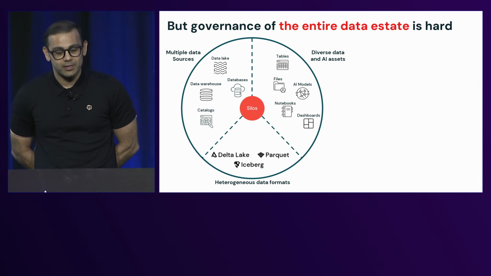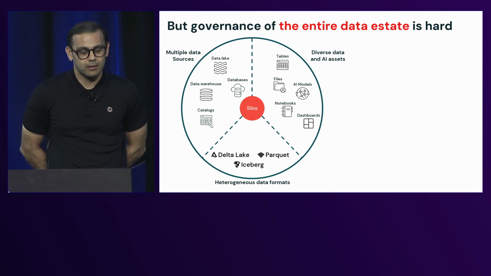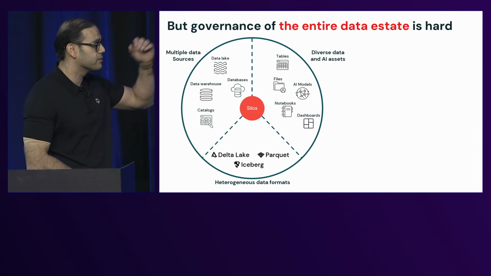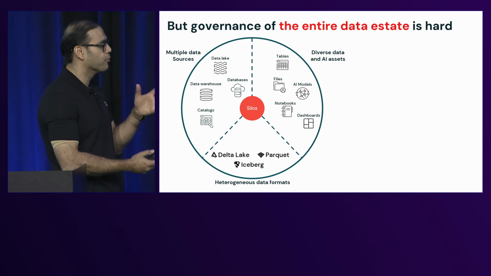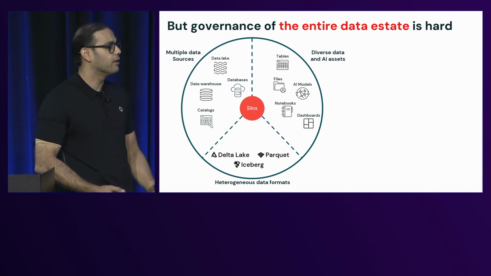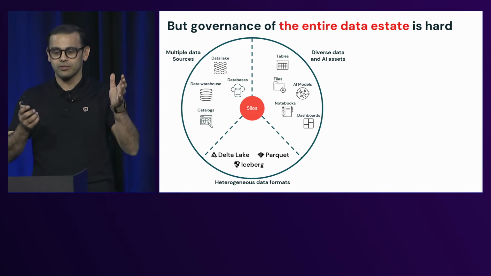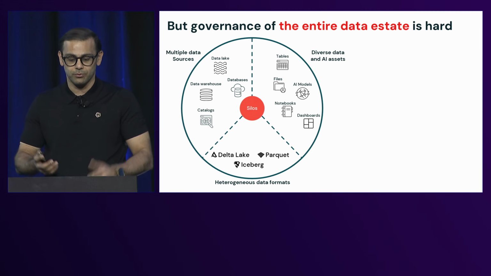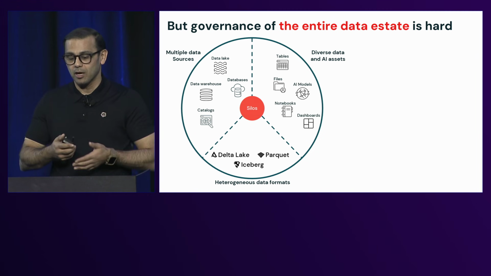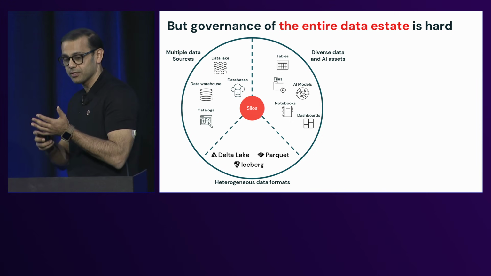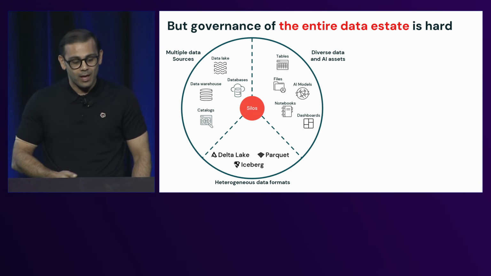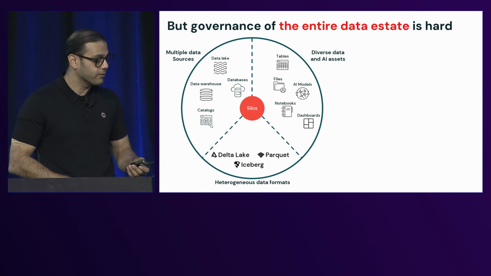You also have fragmentation when it comes to the actual types of assets, things like notebooks and files, machine learning models, dashboards, tables, views, et cetera. You have all these diverse data and AI assets, and they're across a variety of heterogeneous tools. What you end up with is a bunch of silos across formats, silos across assets, silos across sources, et cetera. And this causes a whole bunch of challenges from a governance standpoint.